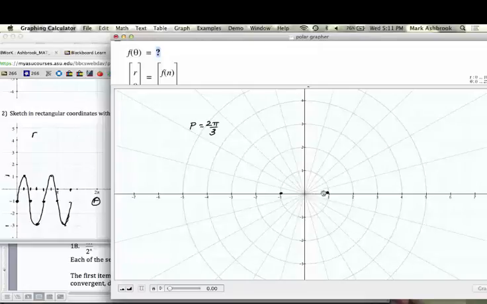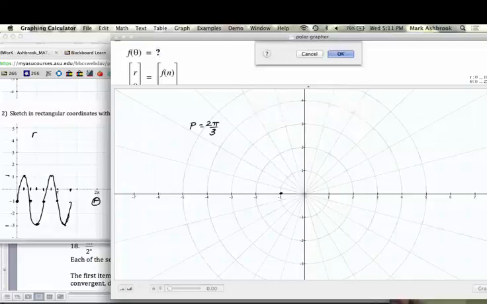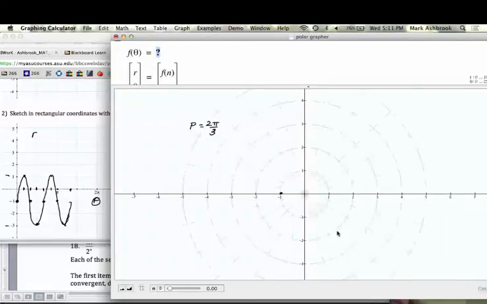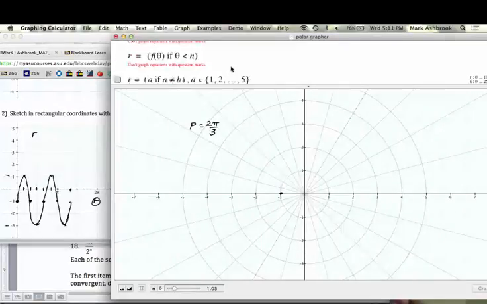So let's break this up into 12 steps. Why isn't it doing it? What happened to my line?